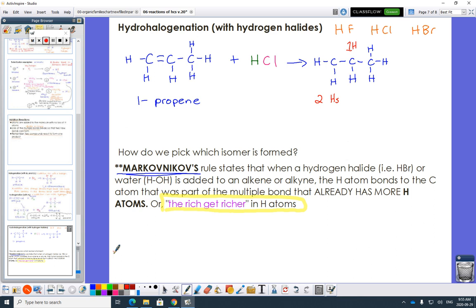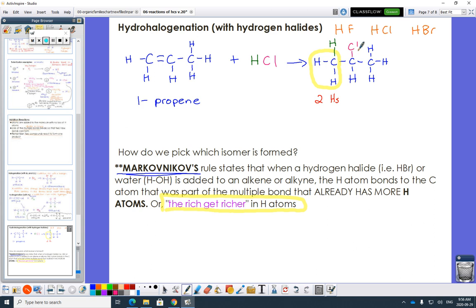So which carbon is richer in hydrogens? The first one. Yes. This one. Okay? So that means this carbon gets the hydrogen. And this one, oh no, I'll rewrite that.